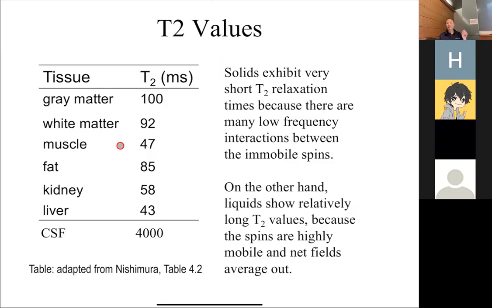The only exception to the rule is things with a lot of fluid, like CSF, which stands for cerebrospinal fluid. That's the fluid that bathes your brain. That has a very long T2, which we'll get into why that is. Fluids have both very long T1s and T2s. Pretty much everything else has longer T1 than T2.